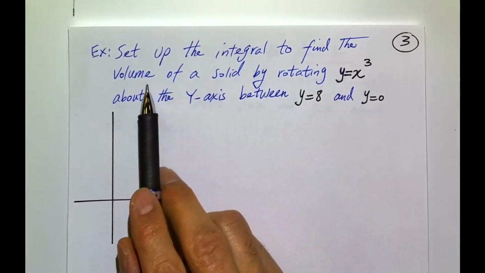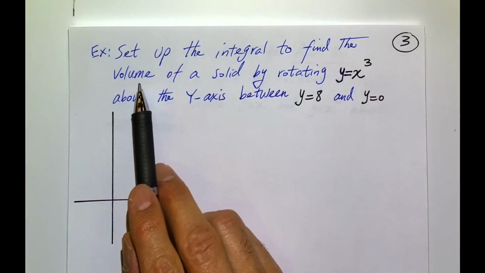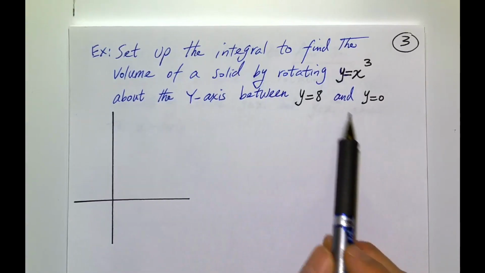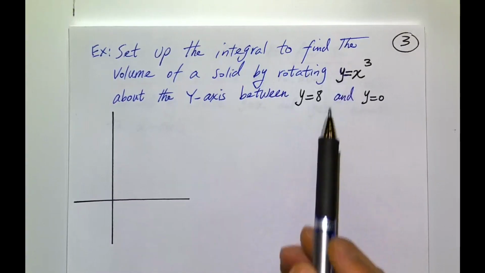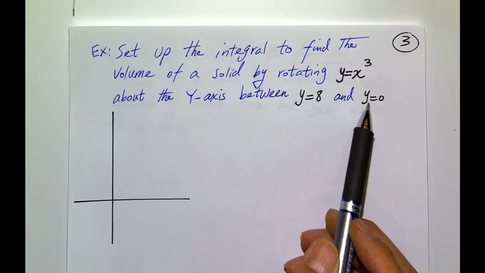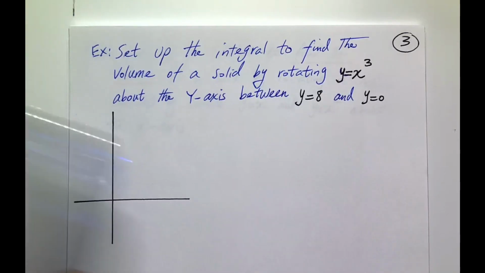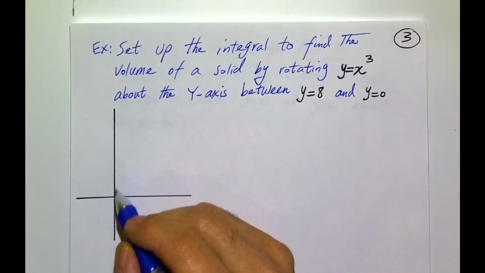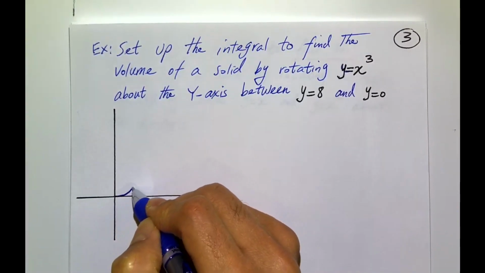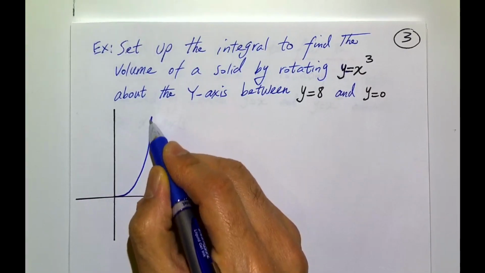So we have the volume of a solid, by rotating this function from y equals 8 to y equals 0. That's pretty critical because the cubic function, as we learned in pre-calculus, is going to go something like this, right?